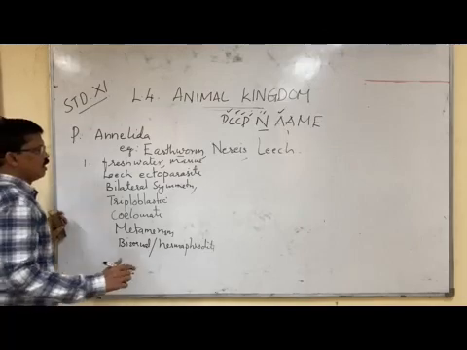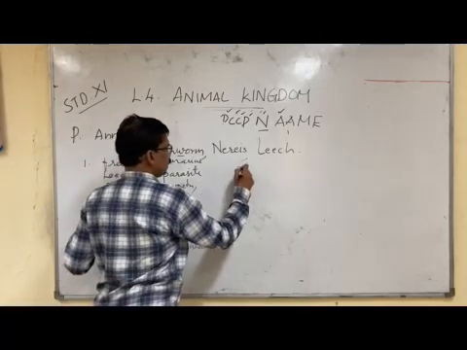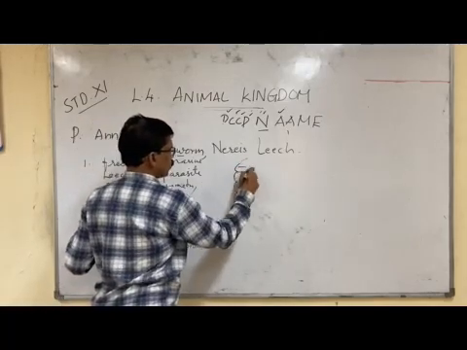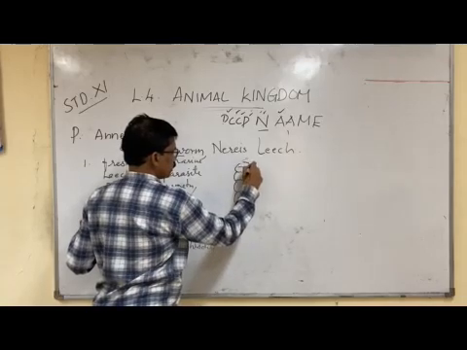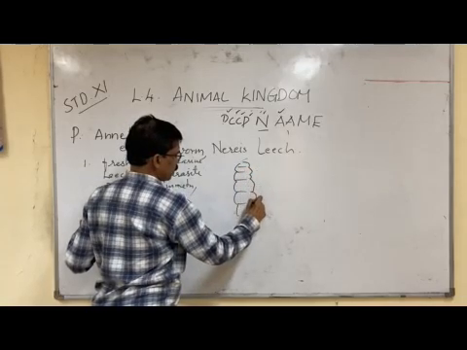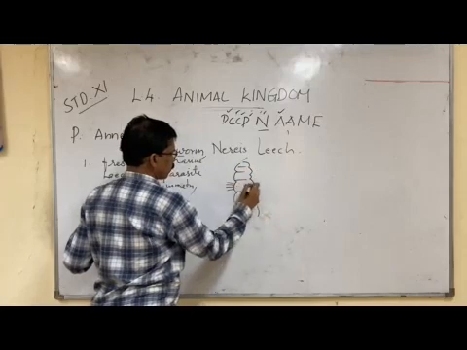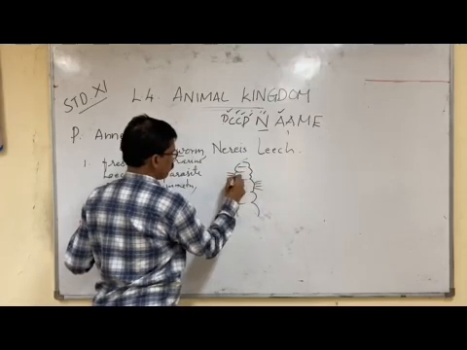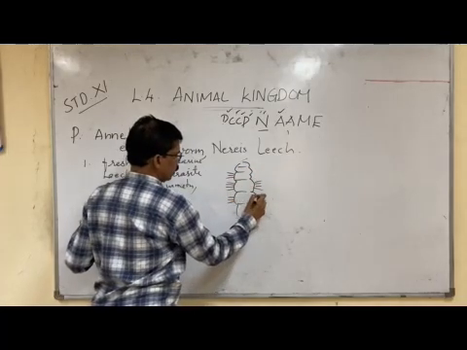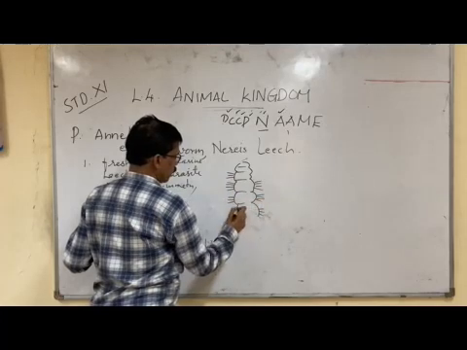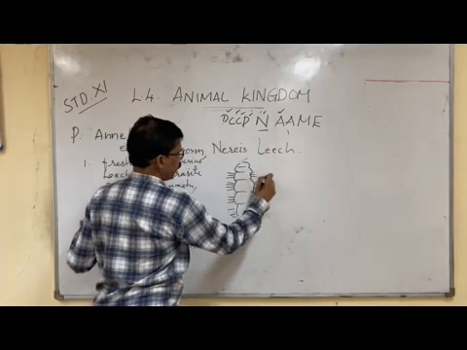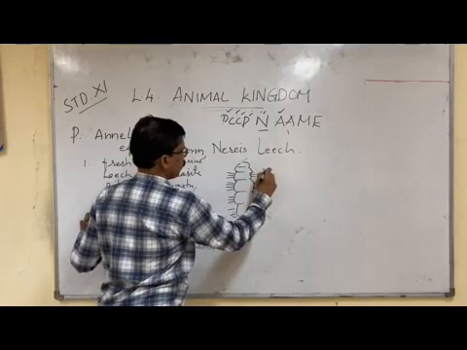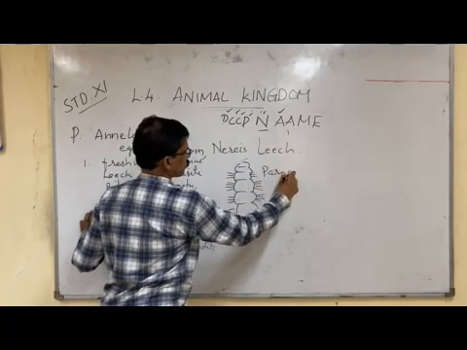In the case of Nereis, if you draw the diagram of Nereis, their body is highly segmented. They have parapodia on either side.